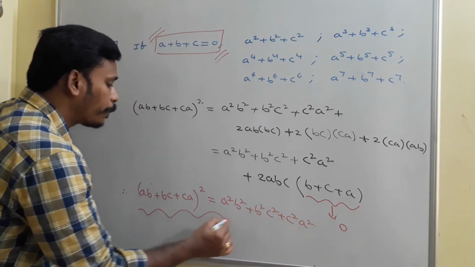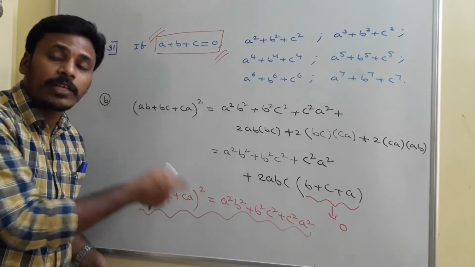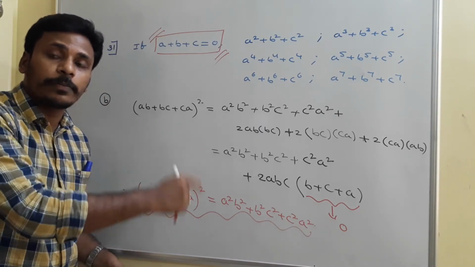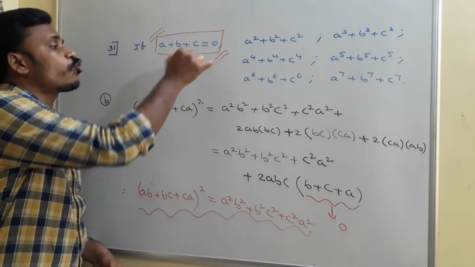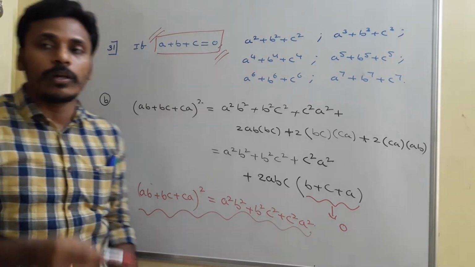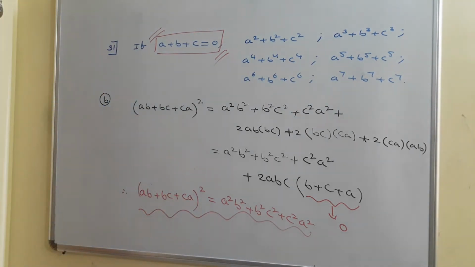Just observe the pattern: (ab+bc+ca)² is a²b²+b²c²+c²a². This is true only if a+b+c equals 0. Just have a look. Think about it.